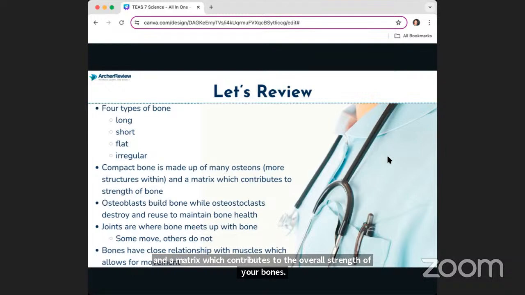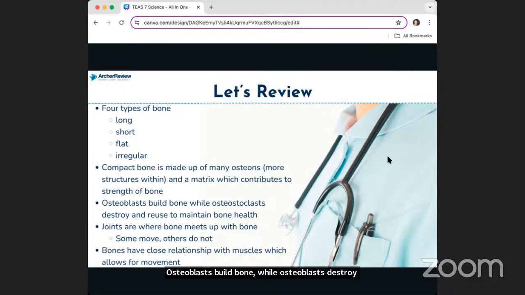Osteoblasts build bone, while osteoclasts destroy and reuse those bones to maintain your bone health. Joints are where bone meets up with a neighboring bone. Some joints move, some don't. And bones have a close relationship with muscles, which allows for movement.